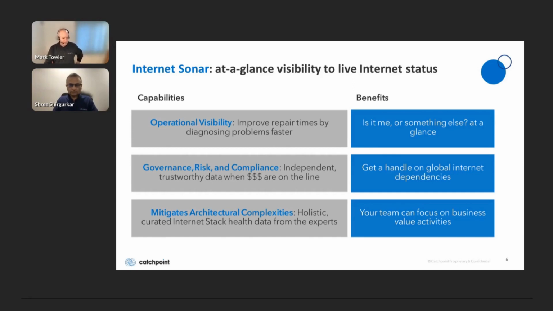That means we have an AI-capable analytic system in Internet Sonar that will analyze this data and make it information, and it will be holistic, it will be accurate, and it will help you understand exactly what's going on, so your IT team is wasting less time chasing down shadows or solving outages, and more time focusing on activities that actually bring value to the business.